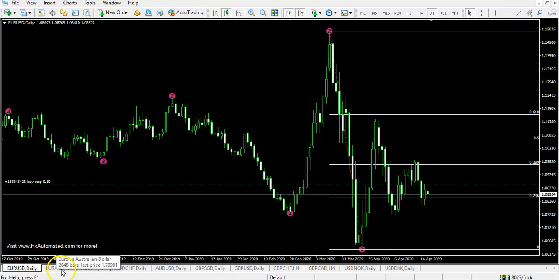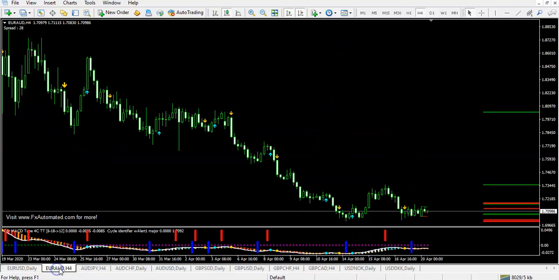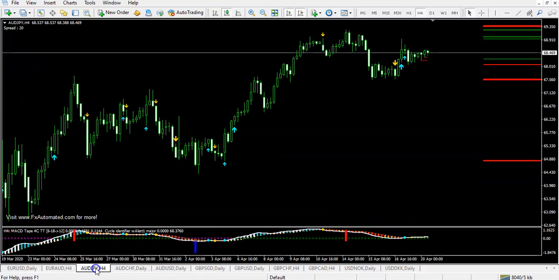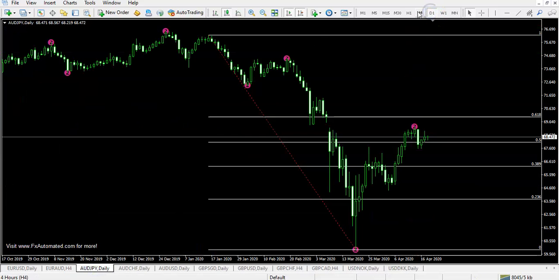So this week I'm looking at the Euro USD, the Euro Australian, the Australian dollar, kind of turn around right before that 618 level.